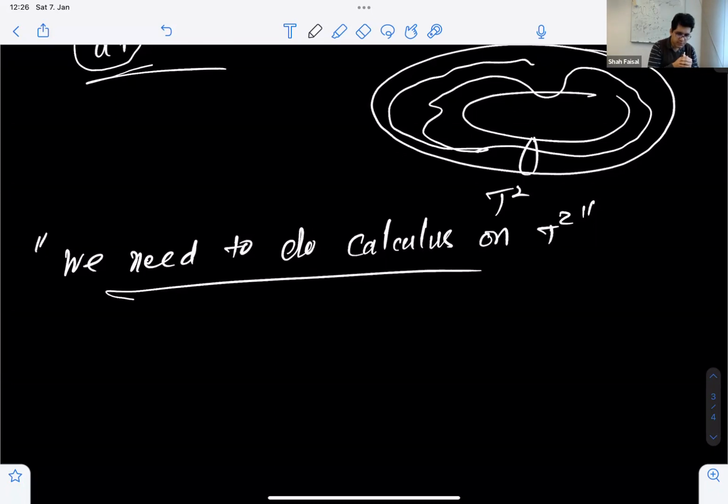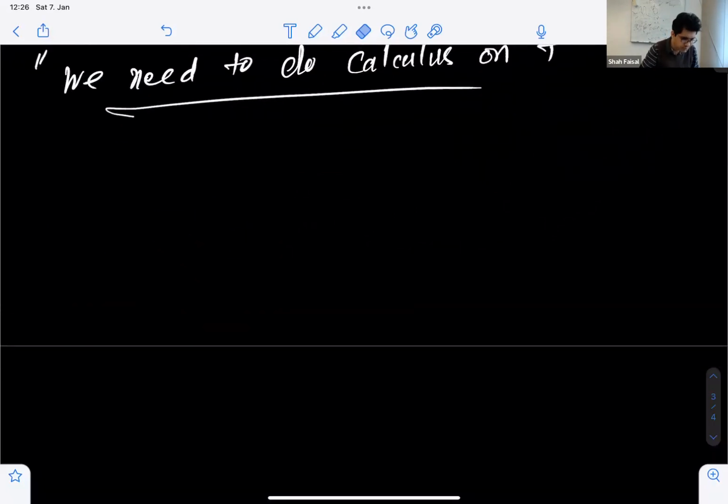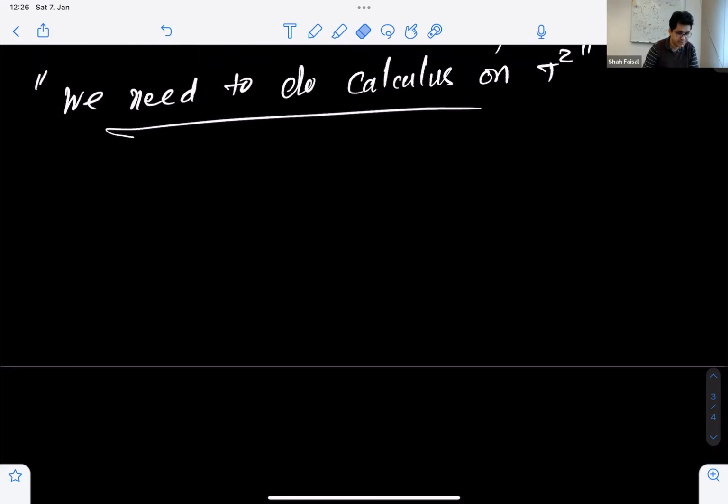So it motivates us to generalize this analysis from the Euclidean space to objects that are not straight. It could be some curved type objects. Okay, so how to do calculus on general sets?